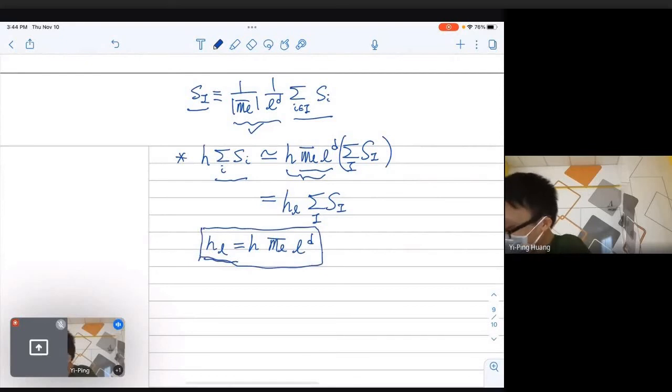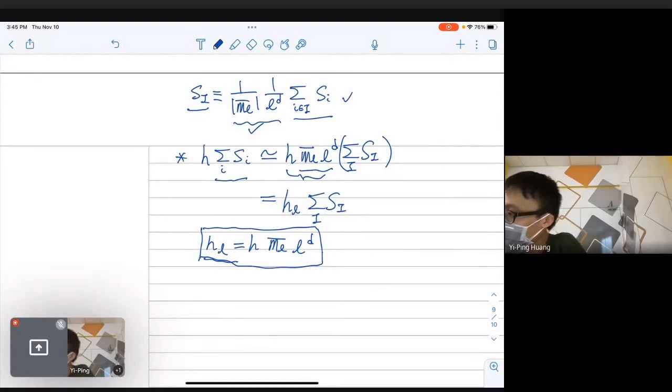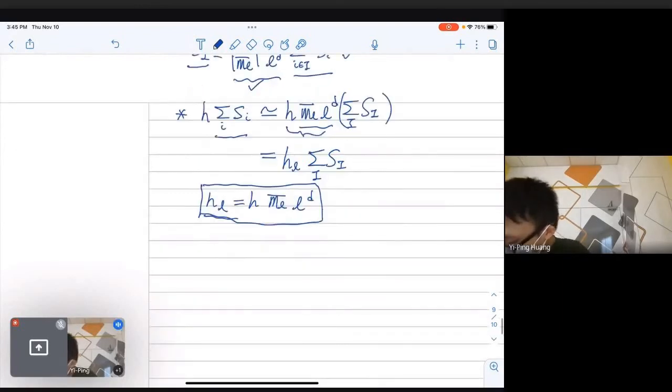This is the one; we didn't know how the coupling K transforms after we do the block spin transformation, but the effective magnetic field can be easily calculated because we know, almost from the definition, how the block spin is related to the little spin.